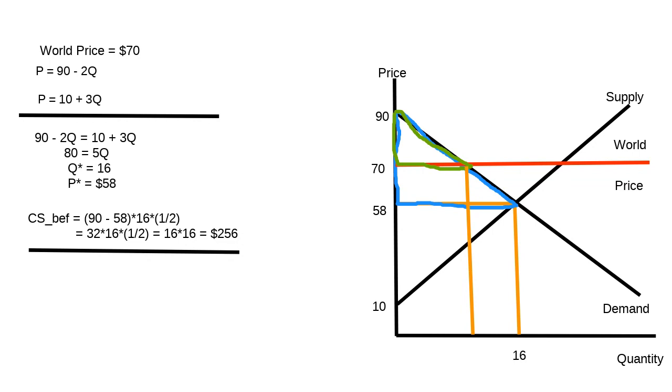And then we just solve. So that gives us minus 20 equal to minus 2Q. And so quantity demanded at the world price is going to be equal to 10. So plug that in there.